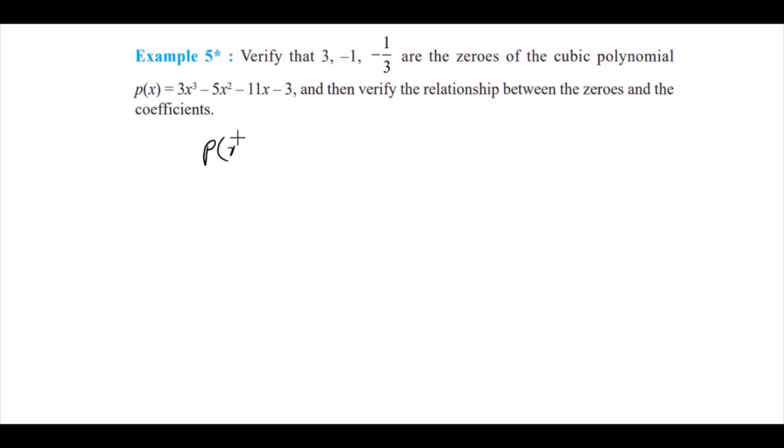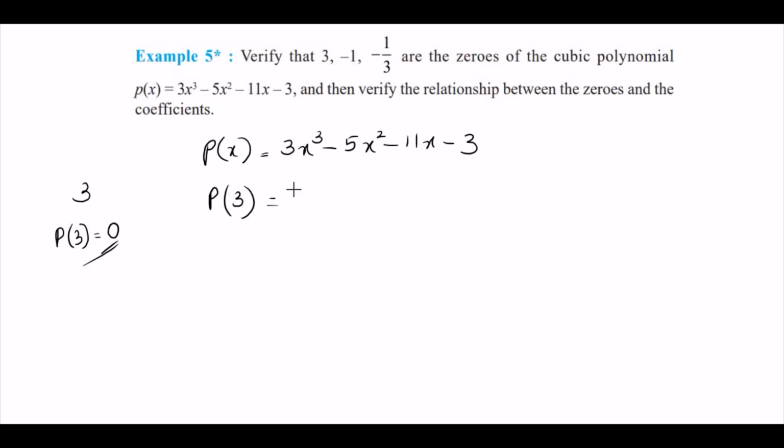So p of x is equal to 3x cube minus 5x square minus 11x minus 3 is the cubic polynomial given here. So we have to check if 3 is a zero of this polynomial. If 3 has to be a zero, when you substitute 3, you have to get the polynomial value as 0. So let's substitute 3 for x and check. 3 into 3 cube minus 5 into 3 square minus 11 into 3 minus 3.